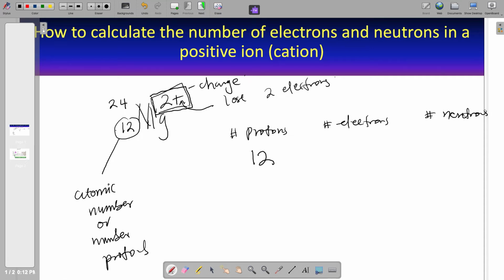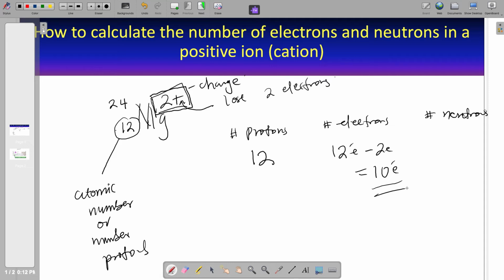And the plus means that magnesium has lost some electrons. How many electrons has it lost? There's 2 in front of it, meaning 2 electrons. So we subtract our 2 electrons lost from the 12. So 12 electrons minus 2 electrons will give us 10 electrons. So now magnesium has 10 electrons.